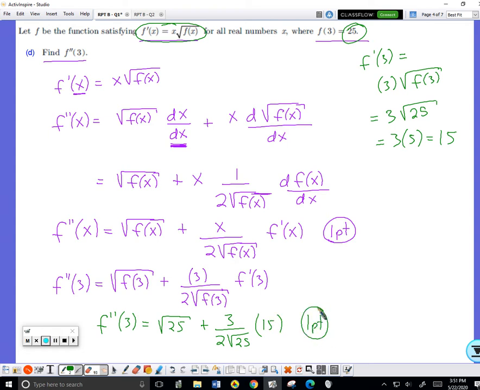So this problem, part D, was worth a total of 2 points. Checking my work real fast. If you had kept going, the answer turns out to be 19 halves, but you don't need to keep going, of course.